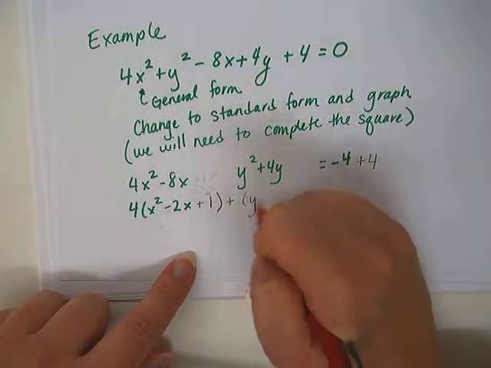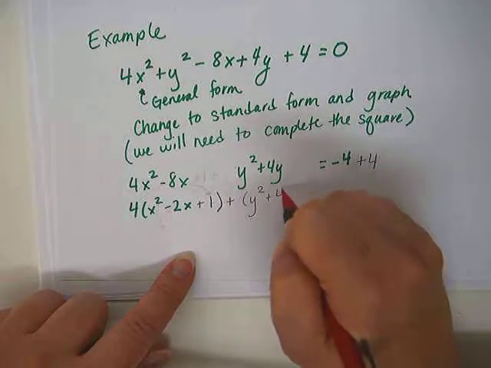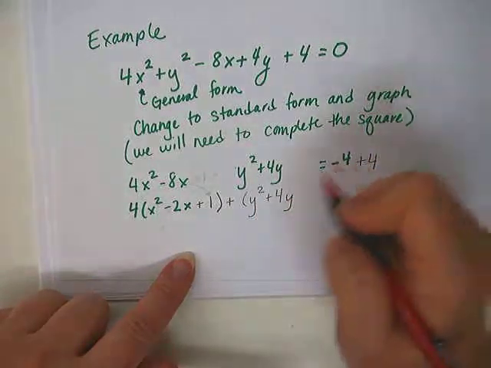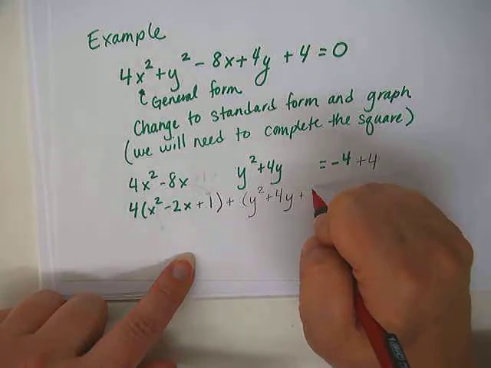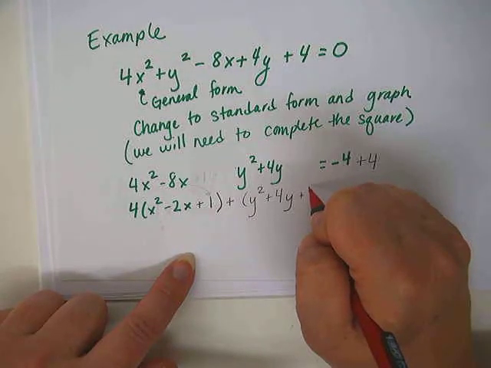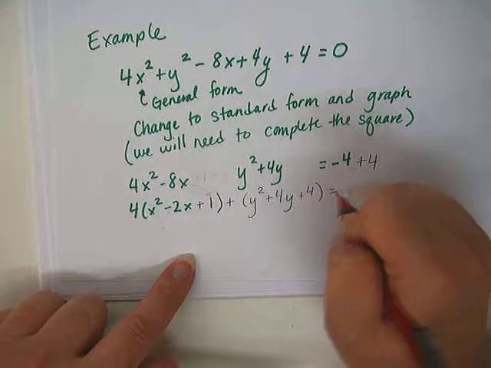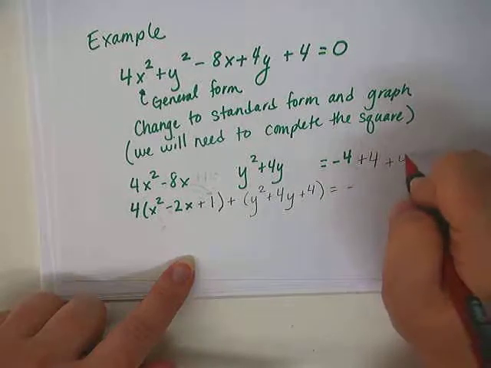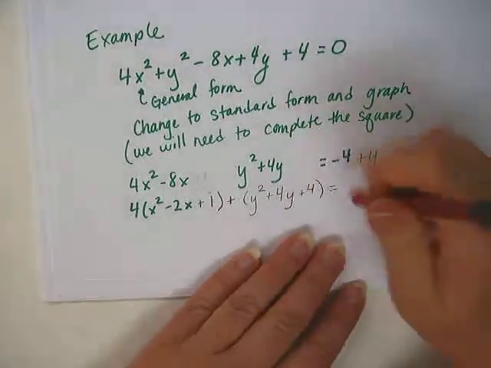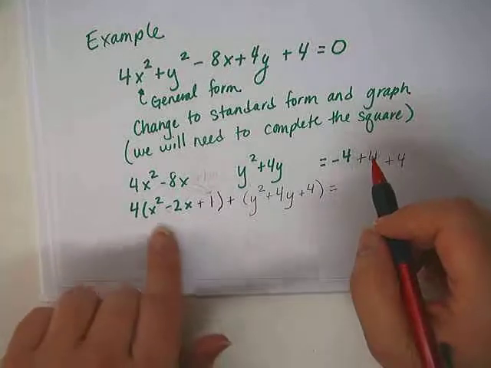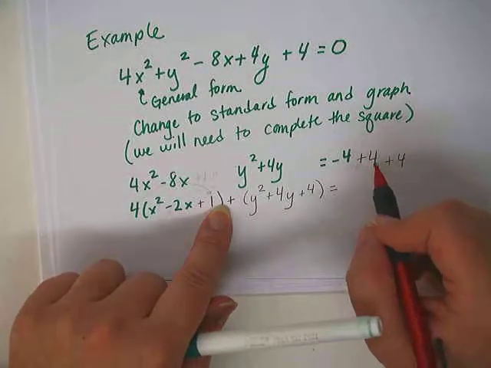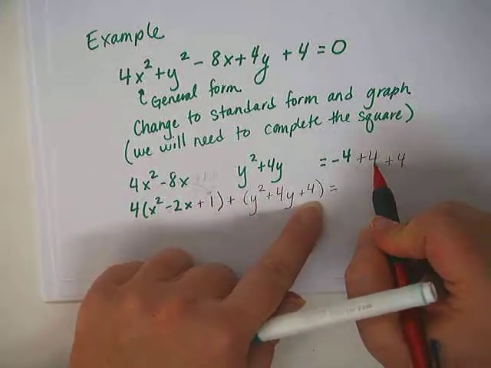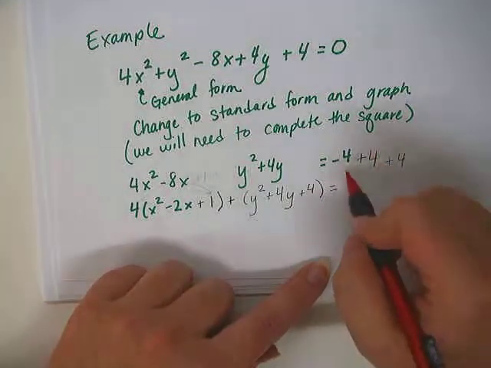Okay, now we don't need to take a 1 out of this because it's already a 1. So now we just half the 4y, and then we square it. Square the 2, which is 4, and what we add to one side, we have to add to the other side. So we've added a 4 to this, so we added a 4 there.